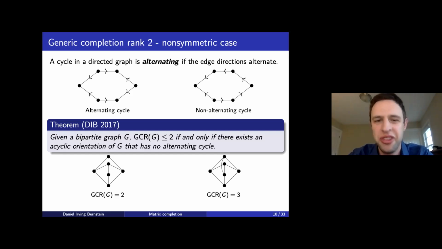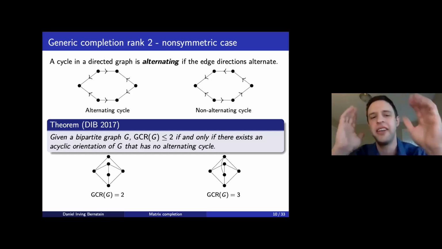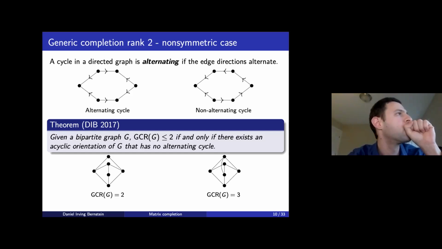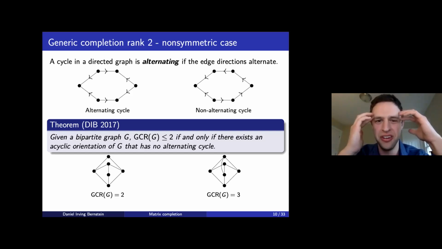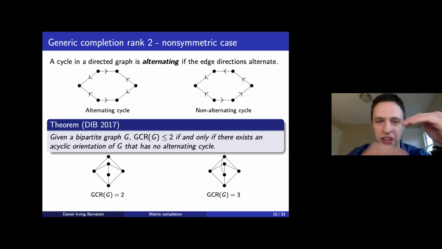So yeah, knowing what the generic completion rank is just tells you the lowest possible thing you could hope to complete to, but the algorithms themselves... In some contexts, yes, the algorithms are kind of, I don't want to say completely separate, because the way you might figure out that your graph has a certain generic completion rank is to show that for every lower number, there are polynomials that are satisfied by entries of a matrix of that rank.